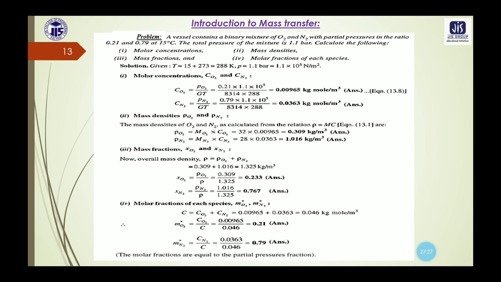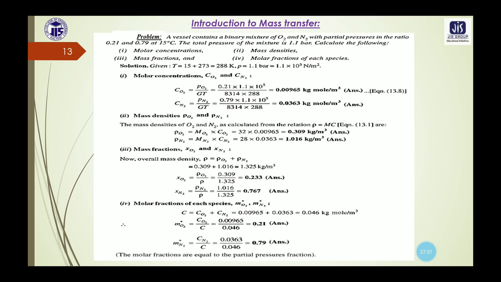The temperature is given as 15 degrees centigrade, so that means 288 Kelvin, and the total pressure of the mixture is given as 1.1 bar, so it is 1.1 into 10 to the power 5 Newton per meter square. First we need to calculate the molar concentrations of oxygen and nitrogen.